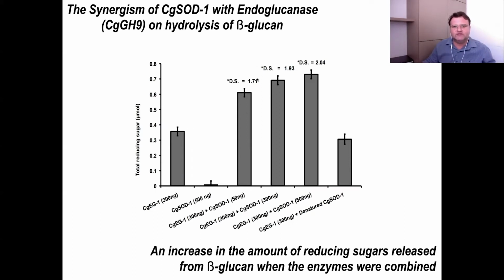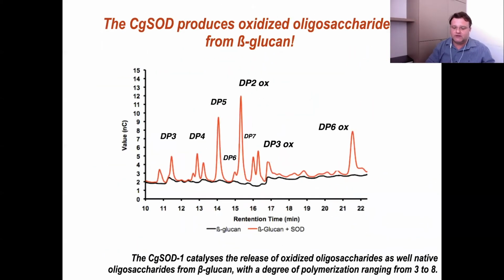on cellulose degradation. And we also observed that the superoxide dismutase activity can release oxidized oligosaccharides by this enzymatic mechanism.